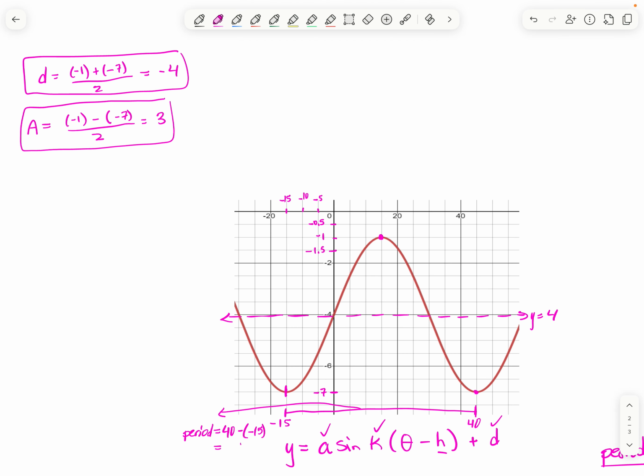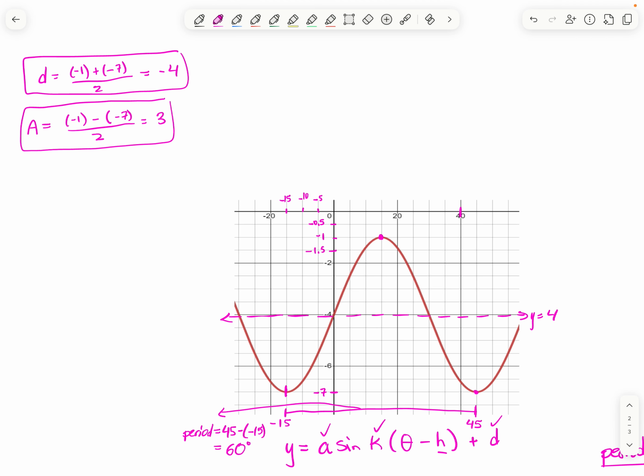Sorry, I think I made a mistake. That's not 40, this is 45. I thought that was 40. Sorry, 45 here. And so from negative 15 to 45, that's going to be 60. So 60 degrees is the period.